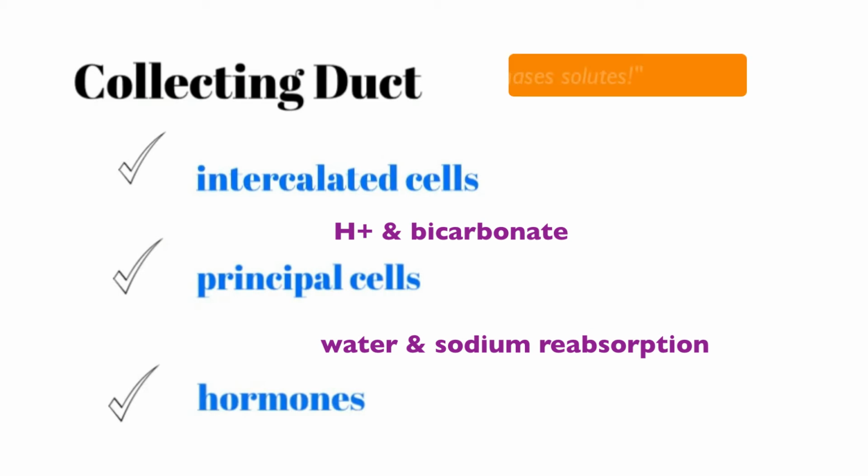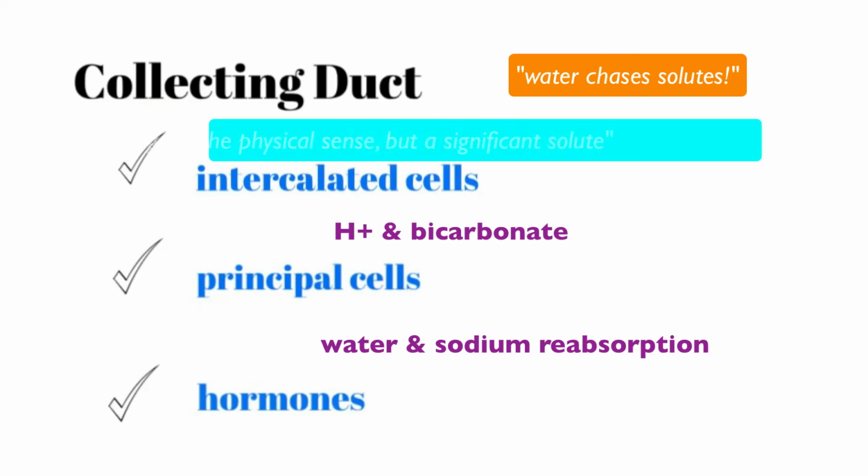And when I say solutes, sodium is a solute, glucose is a solute, plasma proteins are a solute. Sodium is a huge solute, and sodium is something water loves to follow. So if the principal cells are reabsorbing sodium back into the bloodstream, water is going to chase that.